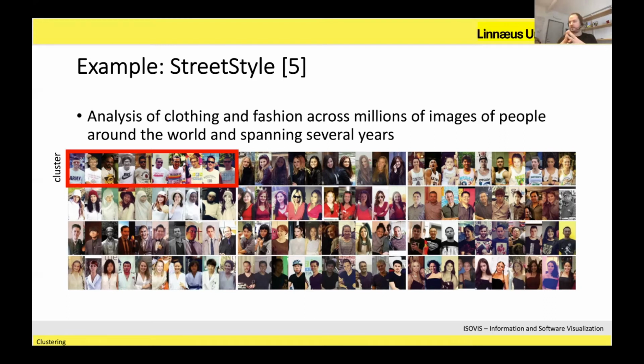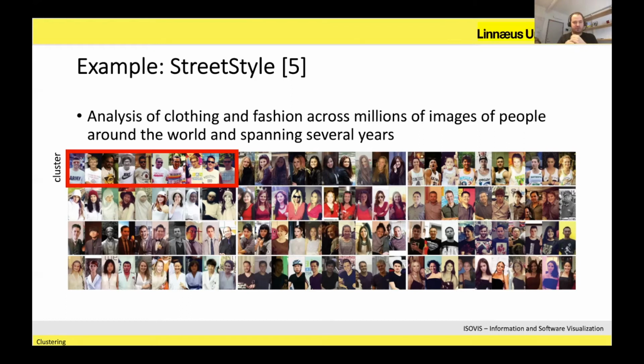Can we analyze this data set in such a way that we can find groups of people who dress the same for whatever reason, either for geographical reasons or for periods of the year, for example, or some years you had a specific fashion and other years you have different fashion styles.